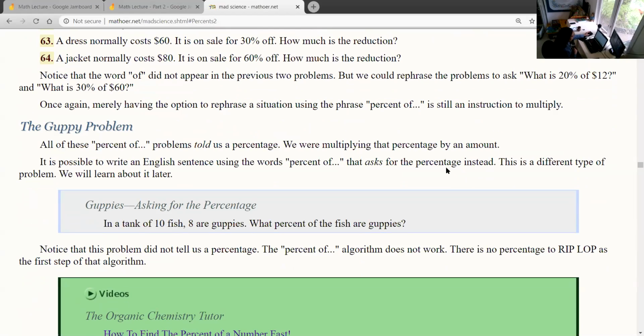We don't multiply then. So if someone says in a tank of 10 fish, 8 are guppies, what percent of the fish are guppies? We're not doing this kind of problem yet. This one is asking for the percent. That's something different, so heads up on it.